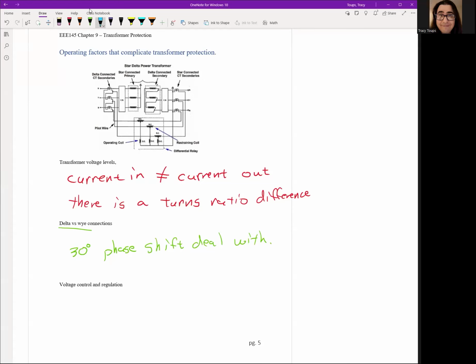Lastly, you have voltage control and regulation. You have something called LTCs, which is load tap changing transformers. So this is an automatic process.